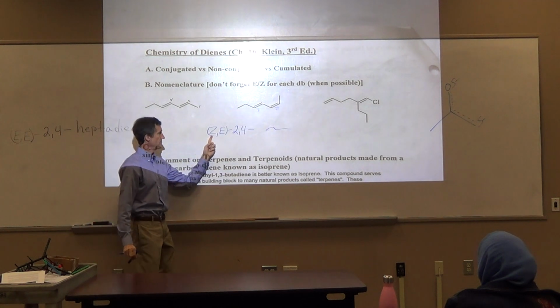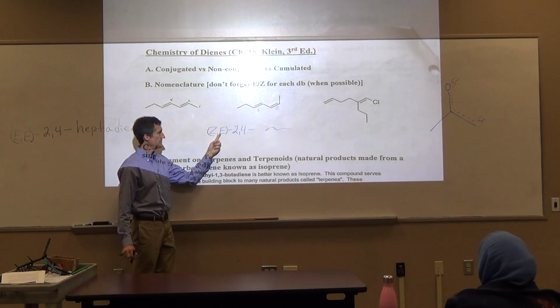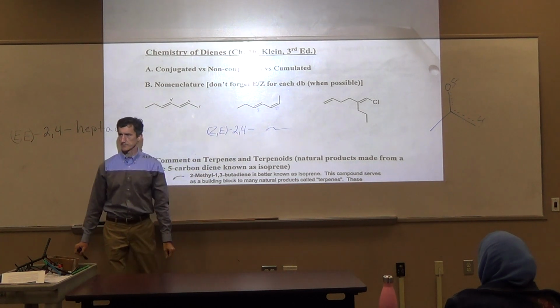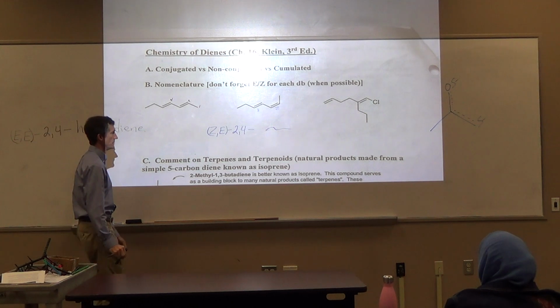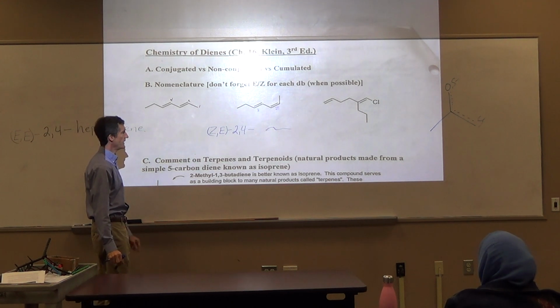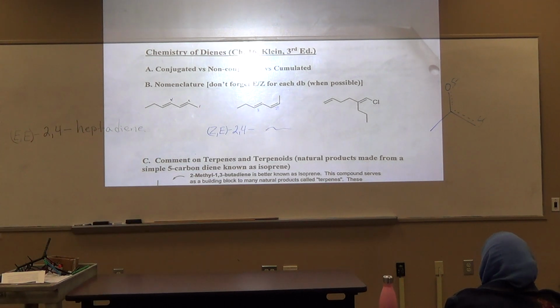The Z goes with the 2, the first number, and the E goes with the 4, the next number. You may see somebody say 2Z and 4E, but that's really not needed. You can just do it like this, first number goes with first descriptor.